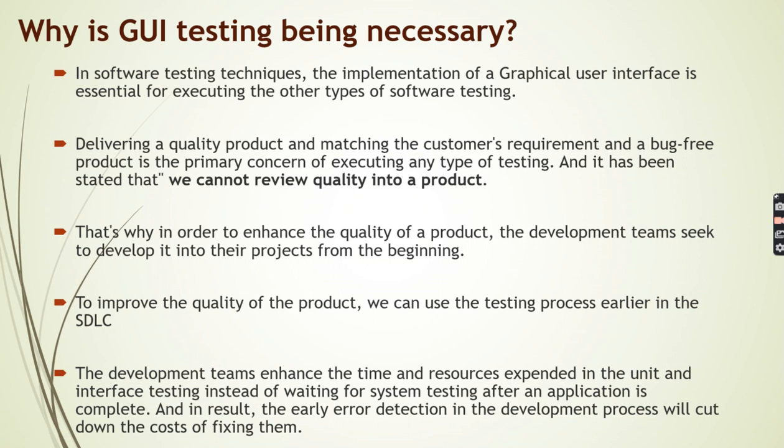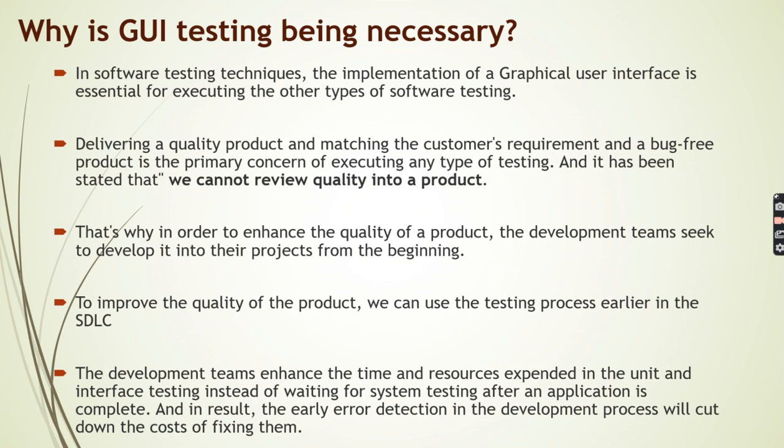Why is graphical user interface testing necessary? In software testing, the implementation of graphical user interface testing is essential alongside executing other types of software testing. As we know, delivering a quality product that matches the customer's requirements and is bug-free is the primary concern of executing any type of testing.